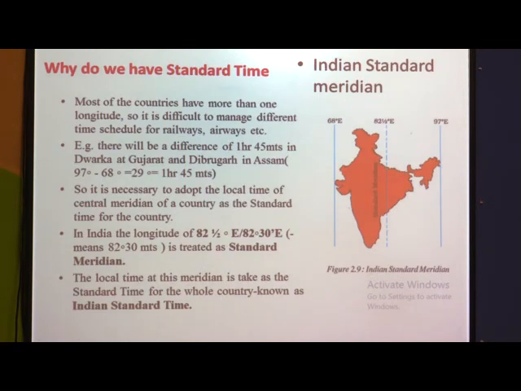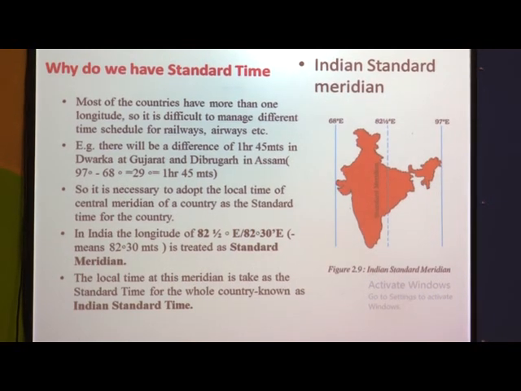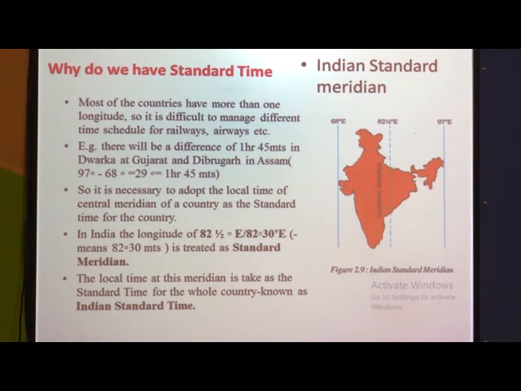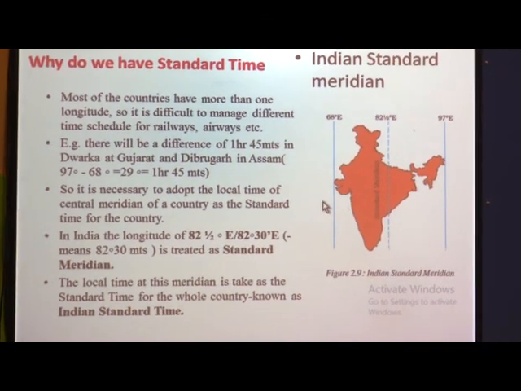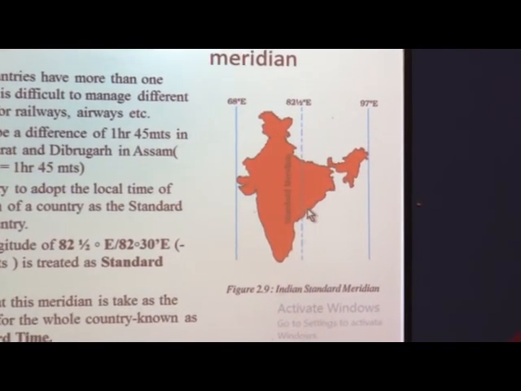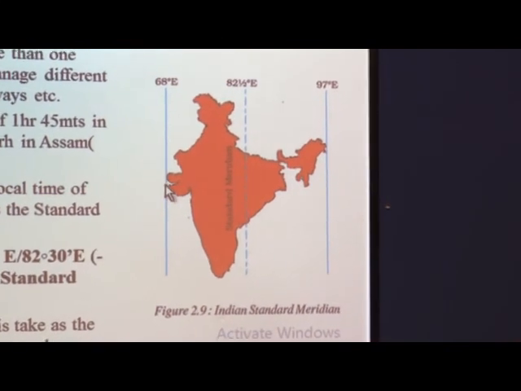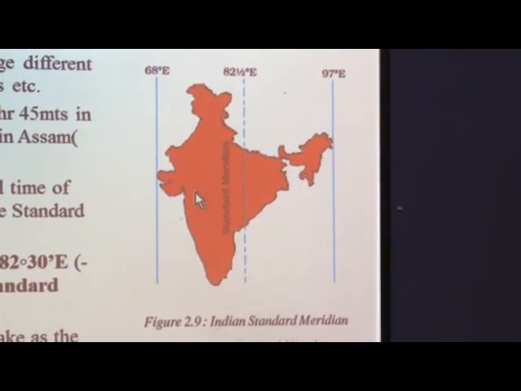Now children, why do we have standard time? See, most of the countries have more than one longitude. For example, this is India. India is such a vast country, it has more than 2 longitudes.